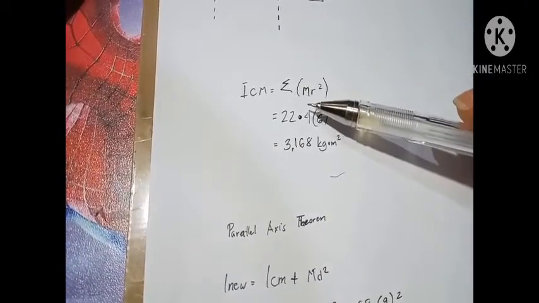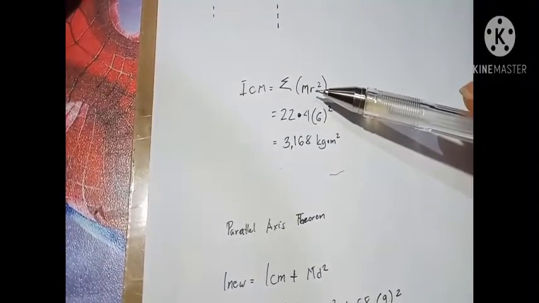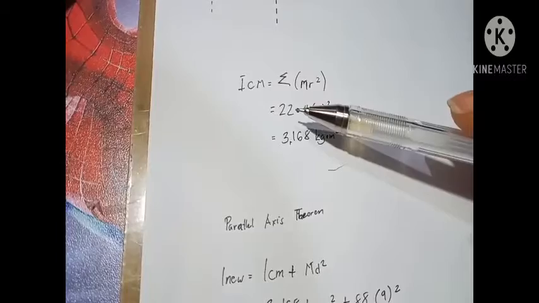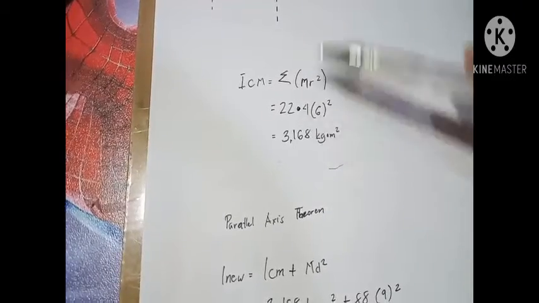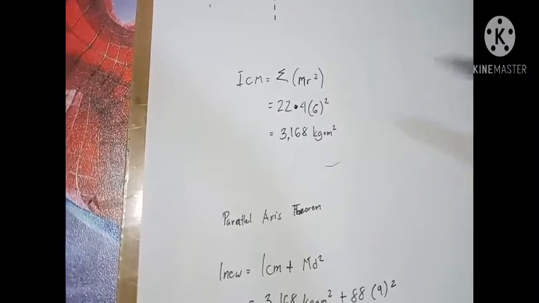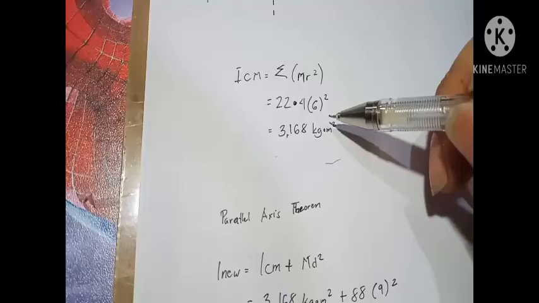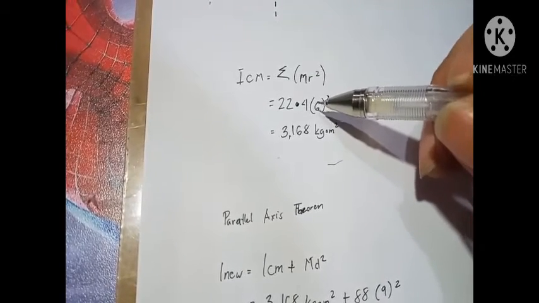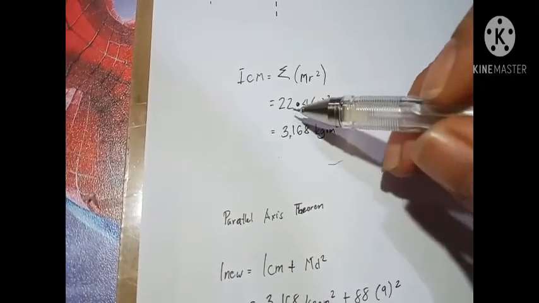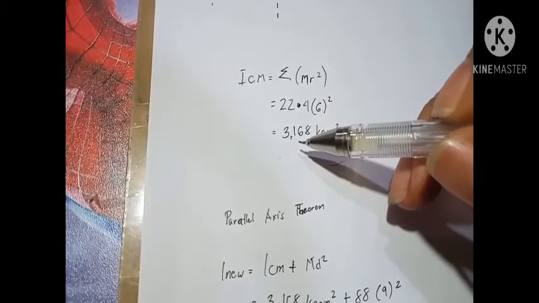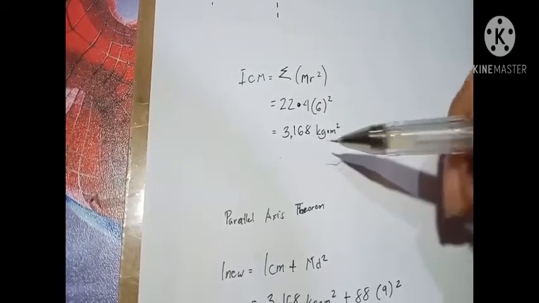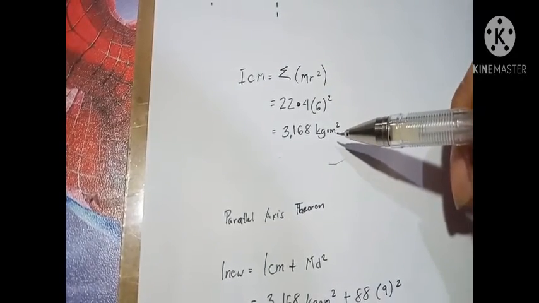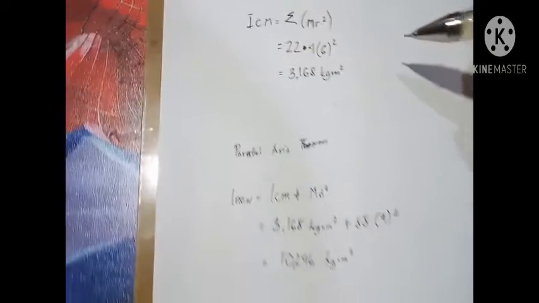The summation of the mass of these boxes will be 22 kilograms times 4 of them, and the distance must be squared. So 6 squared times 4 times 22, so the value will be 3,168 kilogram meter squared.